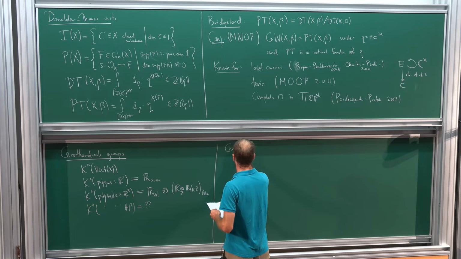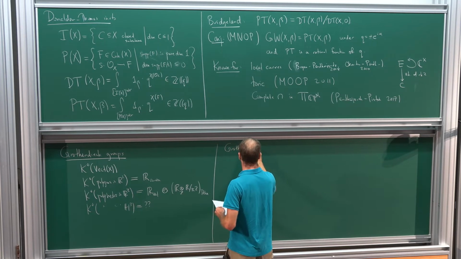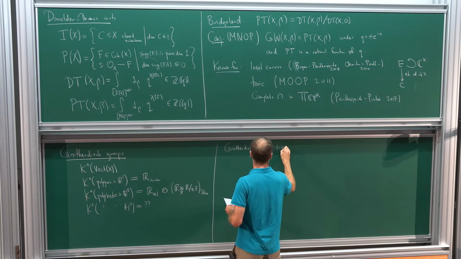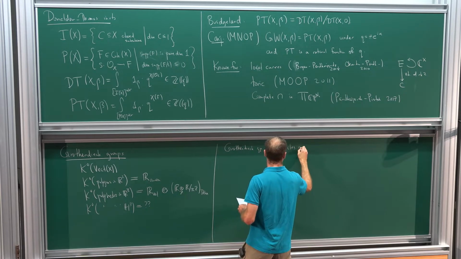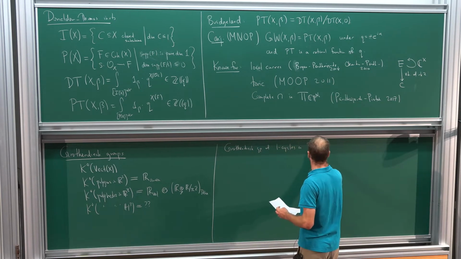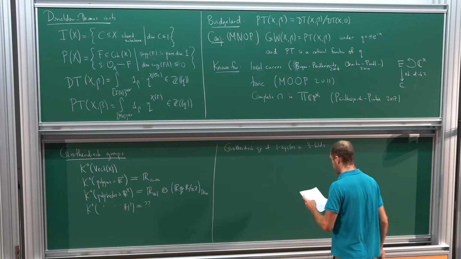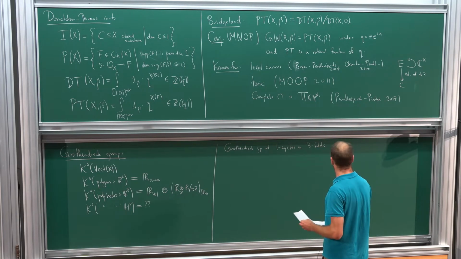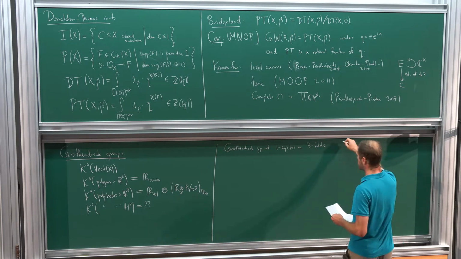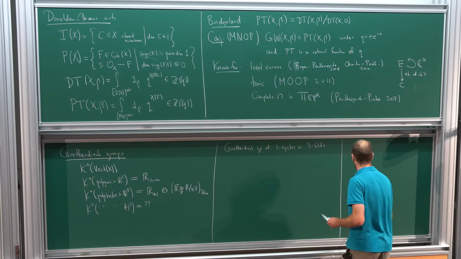Okay. So let's define this Grothendieck group of 1 cycles in threefolds. So let's begin with a definition.